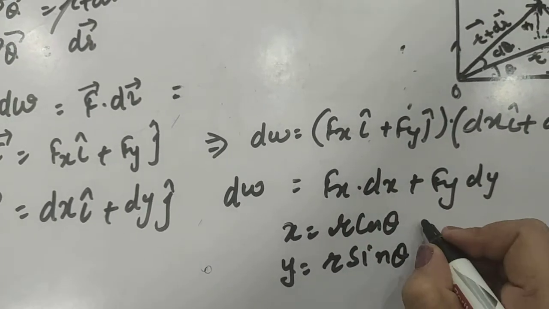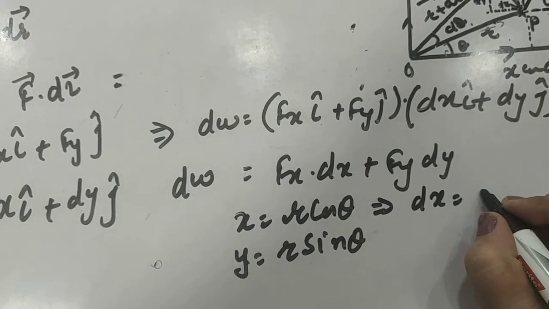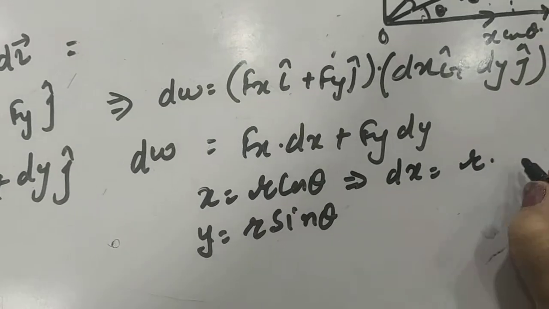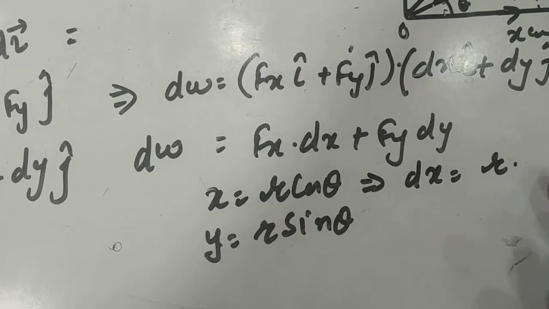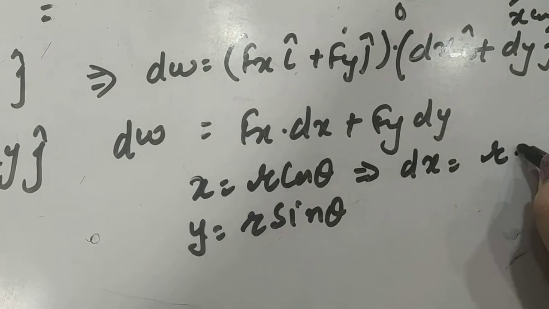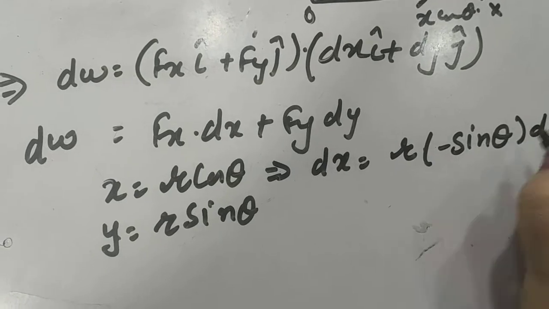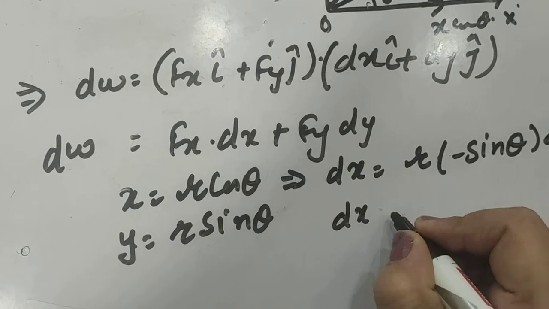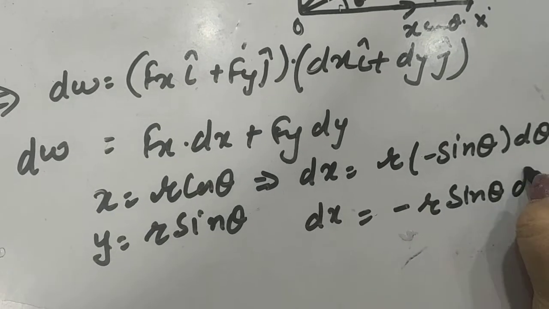Now differentiating both the equations, we have dx is equal to r into the differentiation of cos theta, which is minus sin theta, so dx is equal to minus r sin theta d theta.